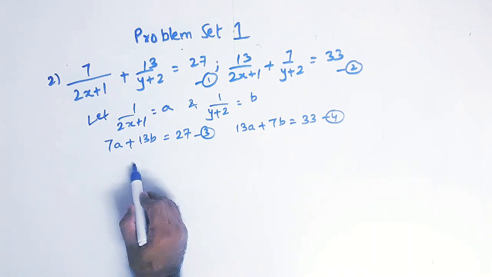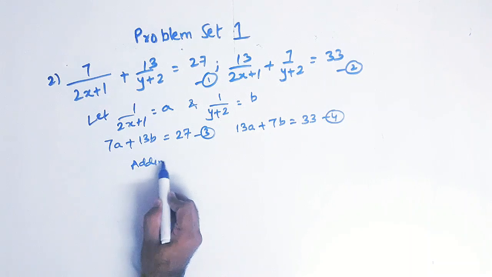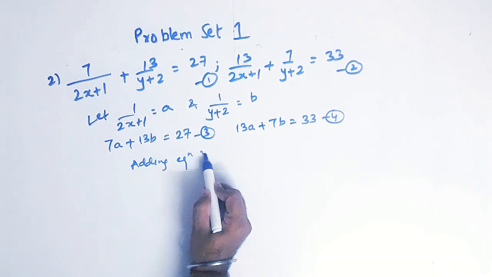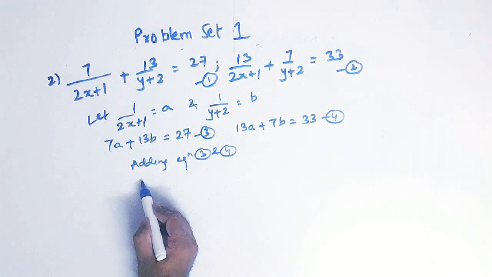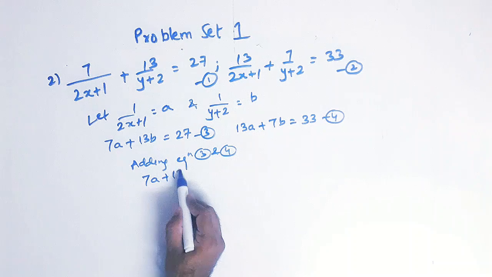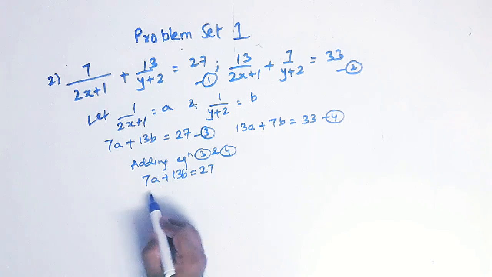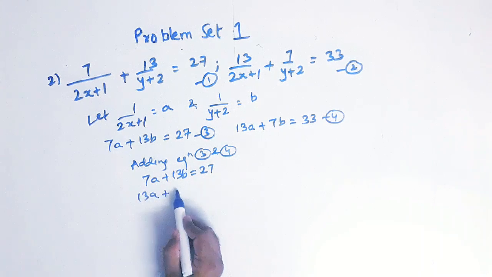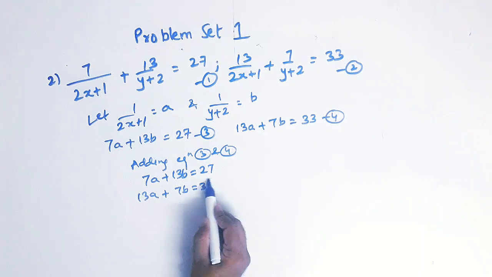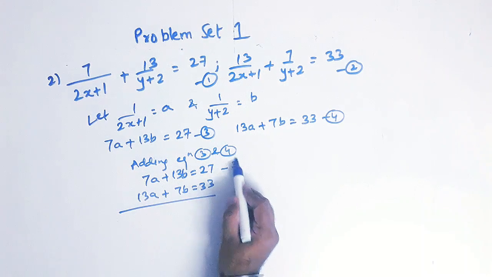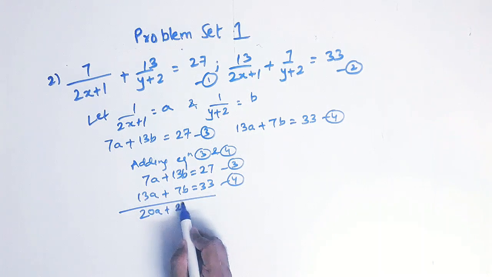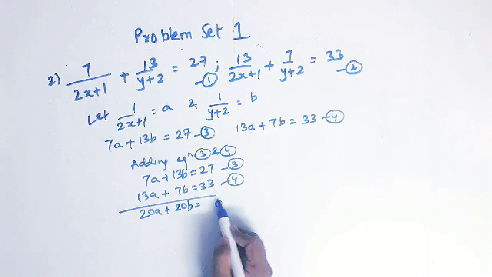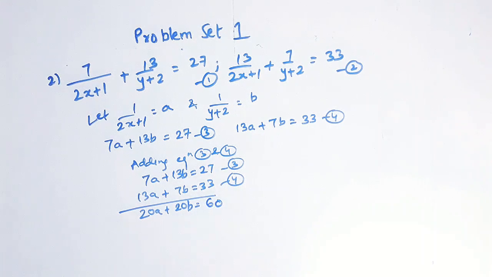Yes, we add them one time, adding equation 3 and 4, and subtract one time to get two new equations. 7a plus 13b equals 27, 13a plus 7b equals 33, this is 3, this is 4th. 20a plus 20b equals, this is 60.